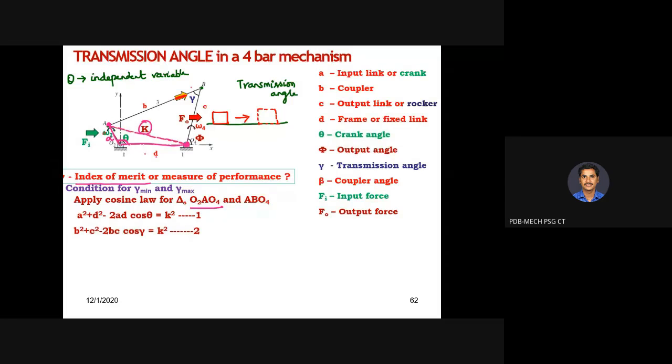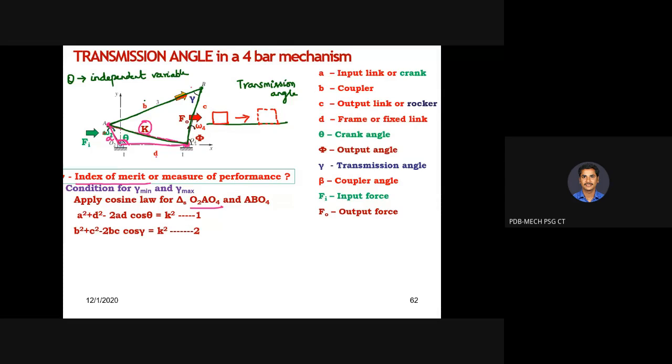Similarly, apply the same cosine law for the other triangle, which is A, B, O4. If I apply the cosine law, what equation will you be getting?